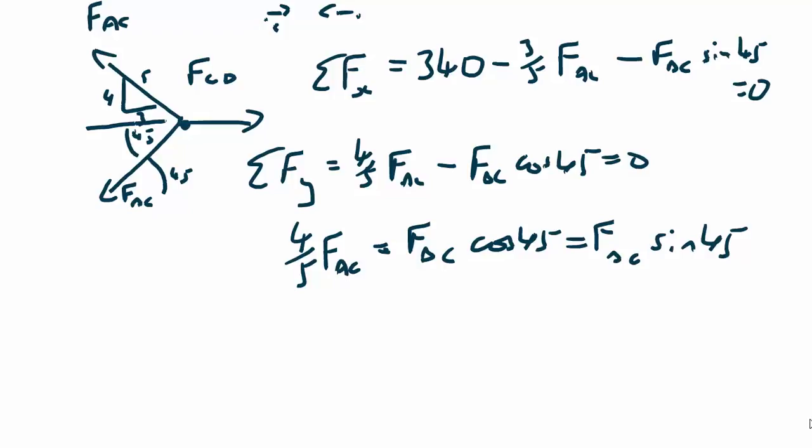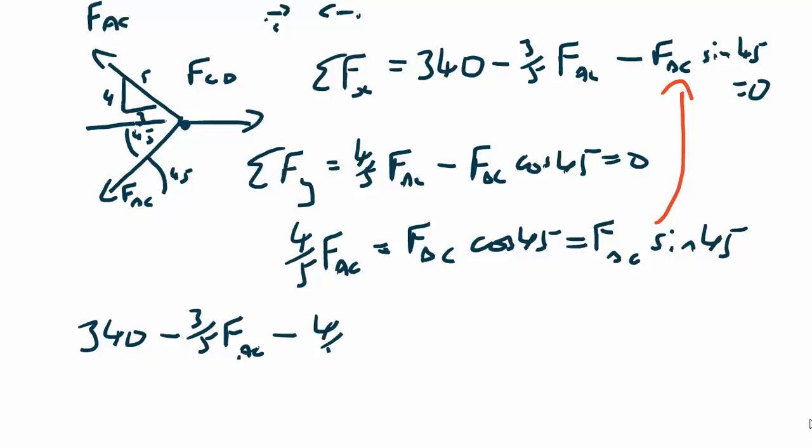Substitute that in up here. Rewrite the sum of the forces in the x to be 340 minus 3/5 of FAC minus 4/5 of FAC, so minus 7/5 total.